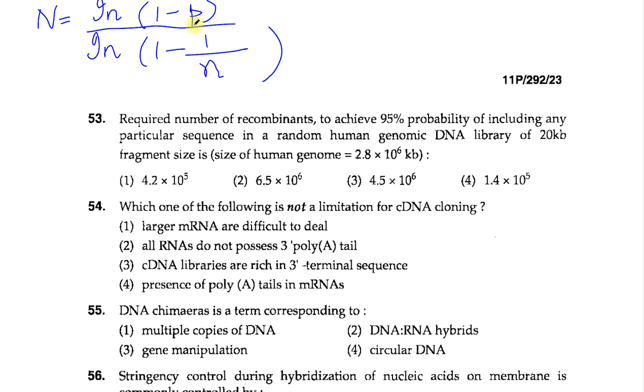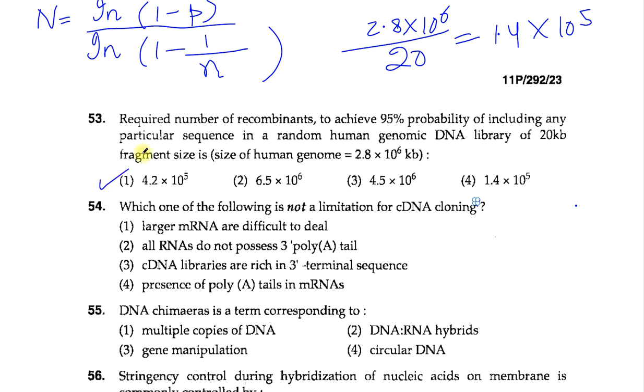The small n is the number of fragments which can be produced, so that is 2.8 into 10 to the power 6 divided by the average size of fragment, which is 20. So this value comes to be 1.4 into 10 to the power 5. And when we put this value in the formula, the value comes to be 4.2 into 10 to the power 5.